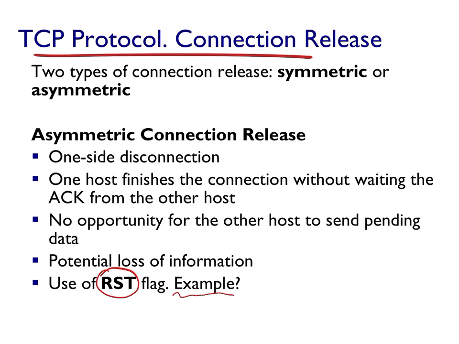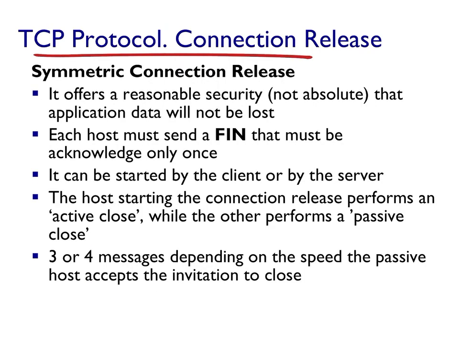For example, we receive a SYN and we do not want to accept the connection, so we use the reset. We also use the reset flag to disconnect, for example, when I press Ctrl+C while running an application, and the connection is immediately disconnected.